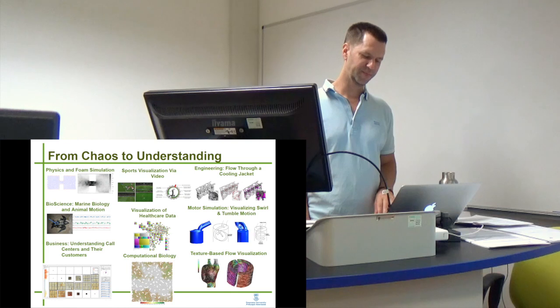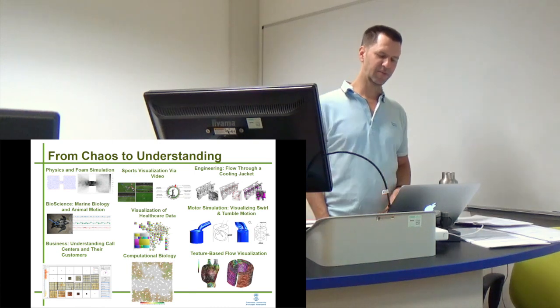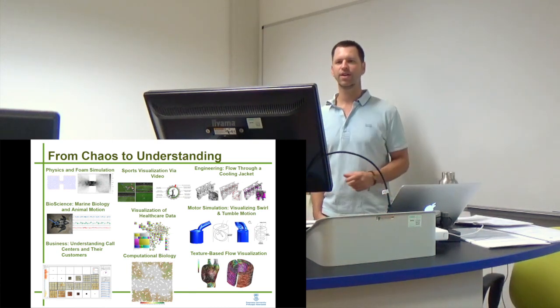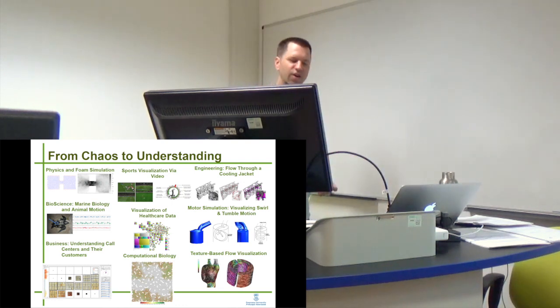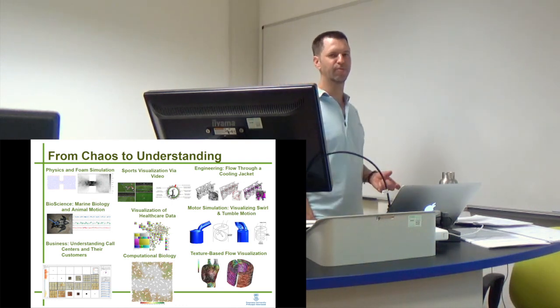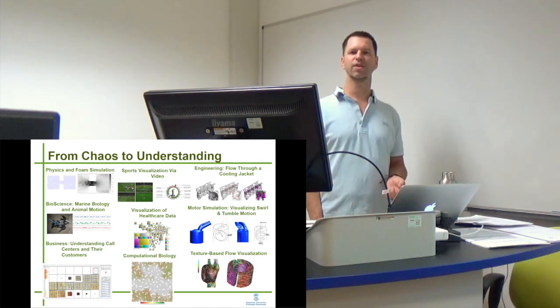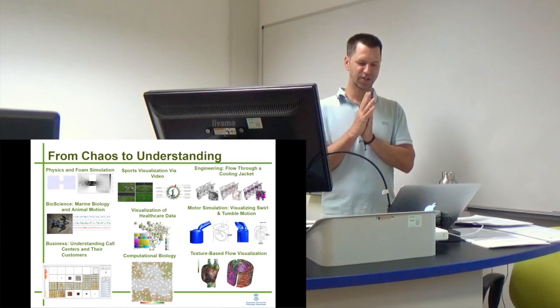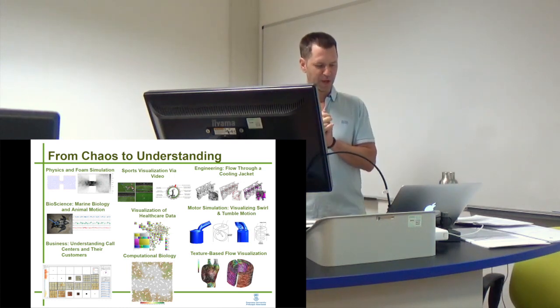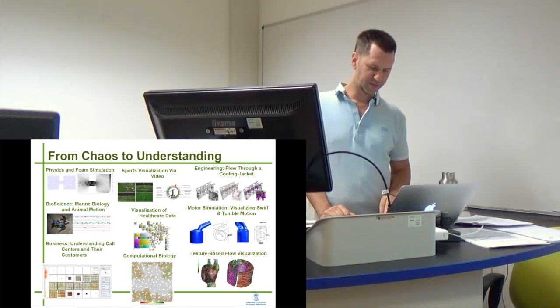We also have one from engineering again that studies the combustion process inside an engine, a motor vehicle engine. So you all know that cars are propelled by combustion, the process of mixing oxygen with fuel and watching it explode. And then we have a general flow visualization example. It's called texture-based flow visualization.